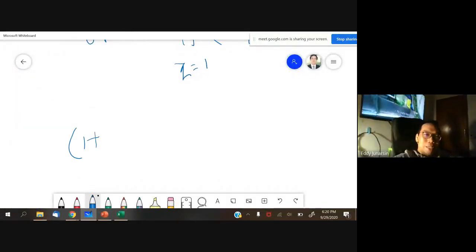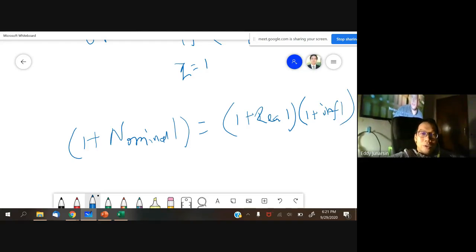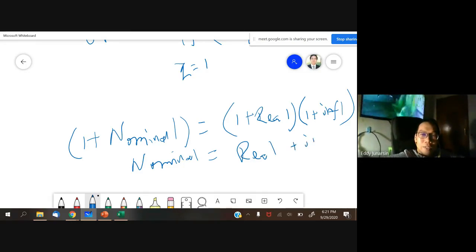So 1 plus nominal should equal 1 plus real multiplied by 1 plus inflation. If you are lazy, the nominal should equal real plus inflation.